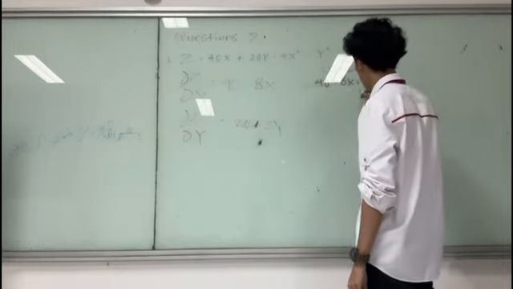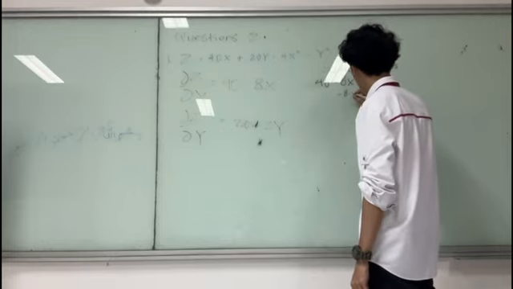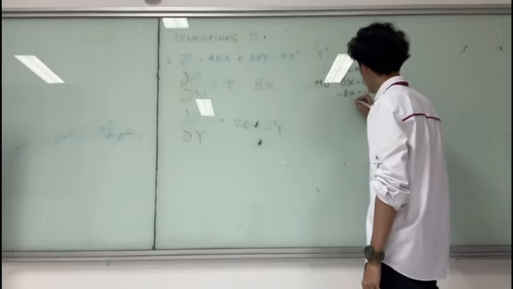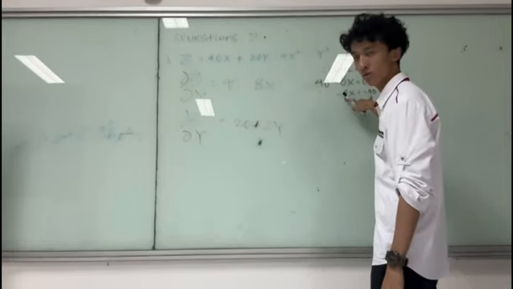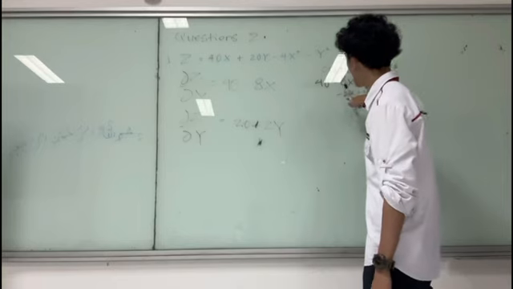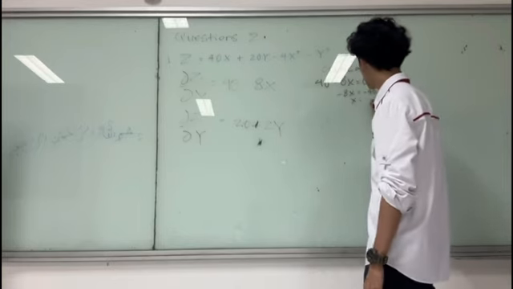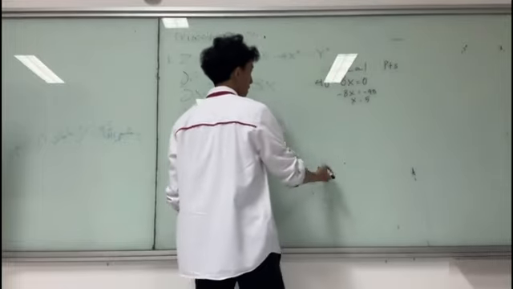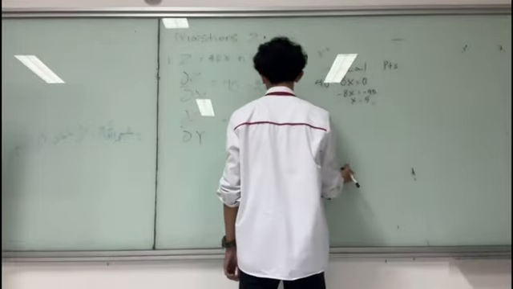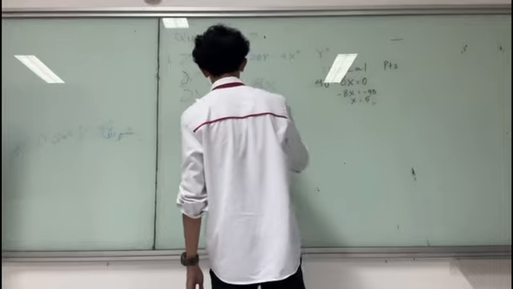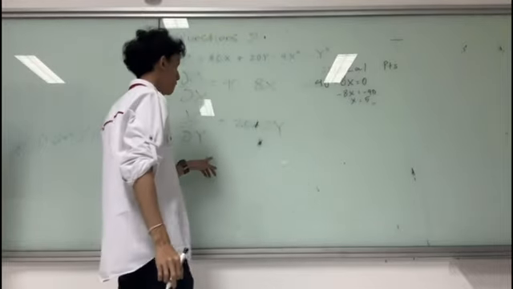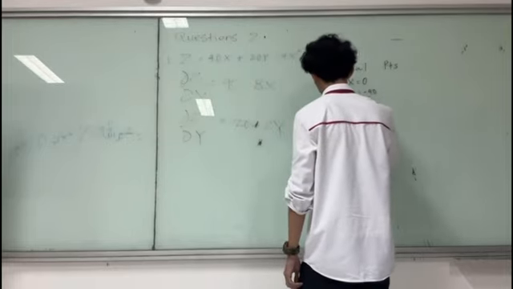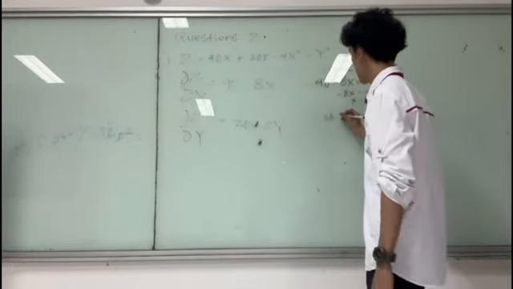Let's just move some of them. So minus 8x equals minus 40. Hence from here, we're going to divide both sides by negative 8 itself. So we got x equals 5. Okay, so x equals 5 for the critical point. And then moving on to finding the critical point for y. Same goes with this one.